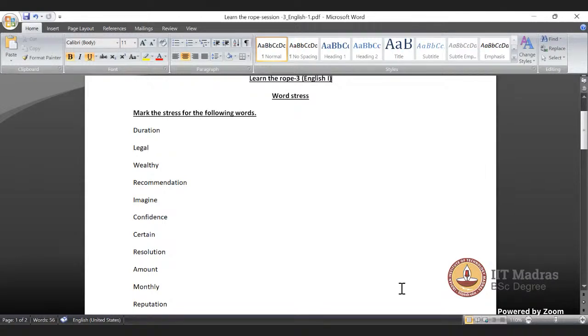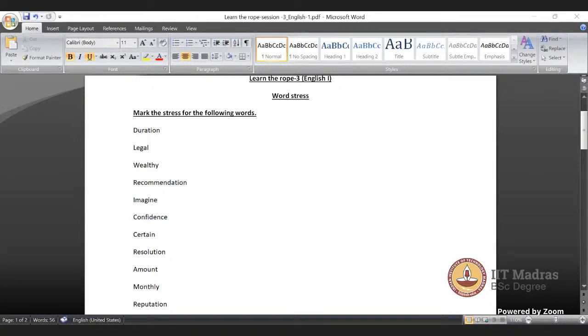Then certain. First syllable, second syllable, I get answers for both of them. But what is certain? Is it a verb, noun, adjective? Certain is an adjective, right?